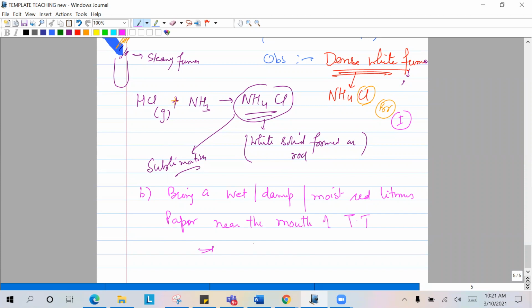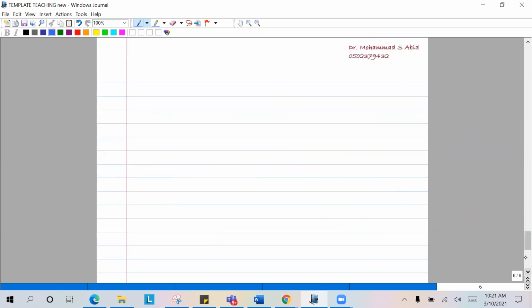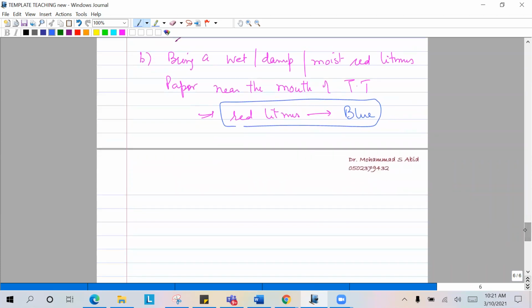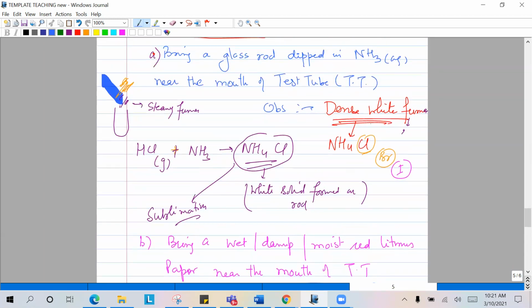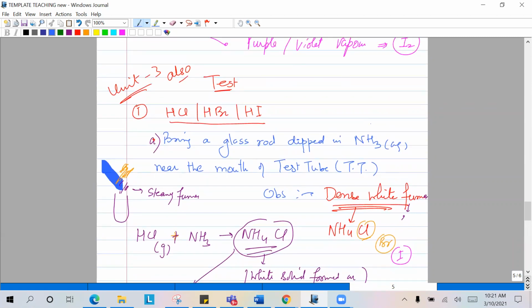The red litmus turns to blue. That is an indication of ammonia being basic. Right now, ammonia is the only basic gas which you come across. So that confirms HCl. So these two tests will confirm.